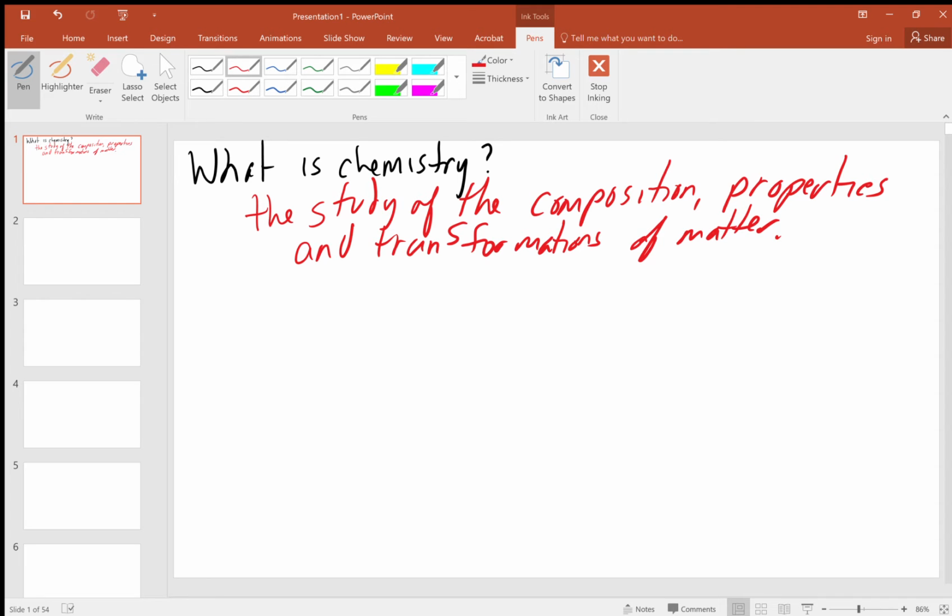Well, as you can see, that's a pretty broad starting point. And we're going to break down what each of these things mean, again, on a very, very wide overview.